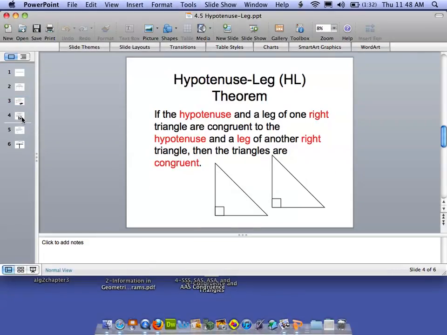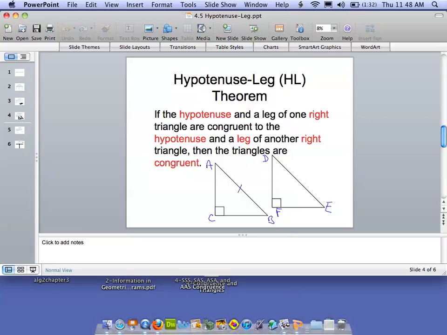So our hypotenuse leg theorem that we're going to abbreviate with HL says if the hypotenuse and the leg of one triangle are congruent to the hypotenuse, and it should say corresponding leg of another right triangle, then the triangles are congruent. So if we had our first triangle ABC, and our other triangle is DEF.